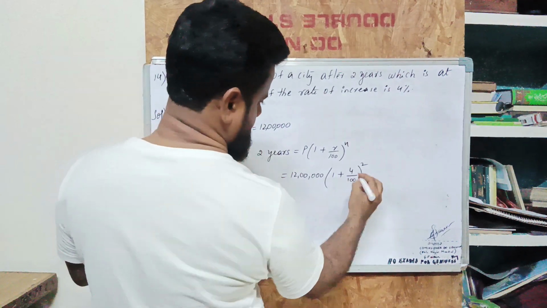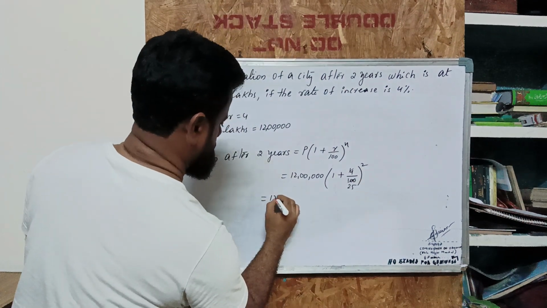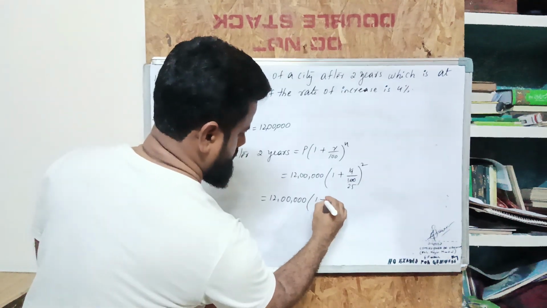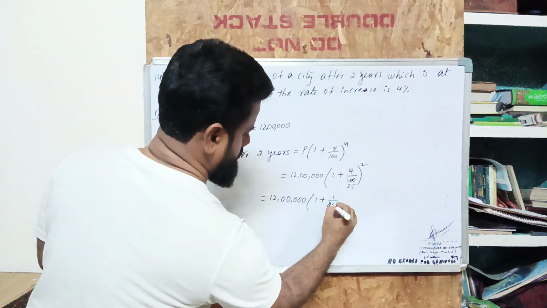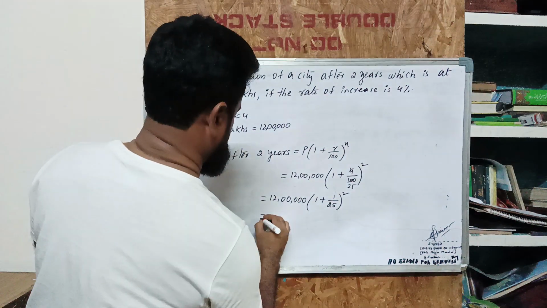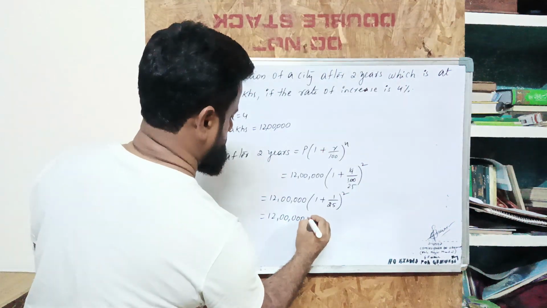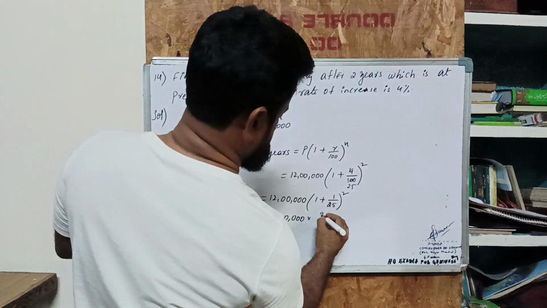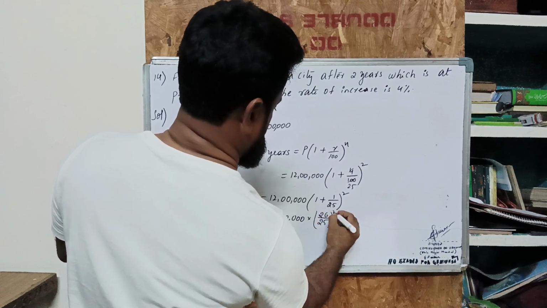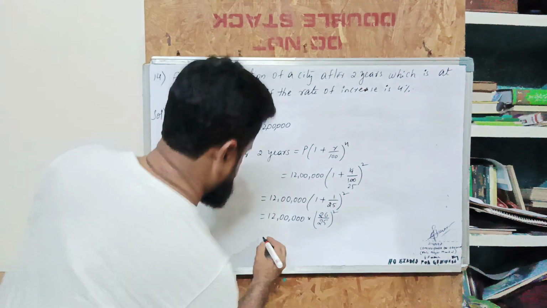Okay. Now we can cancel this. 4 into 25. So 12,00,000 into 1 plus 1 by 25 whole square. Now 12,00,000 into this one will be 26 by 25 whole square. Okay.